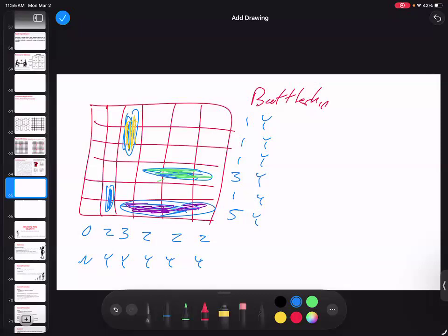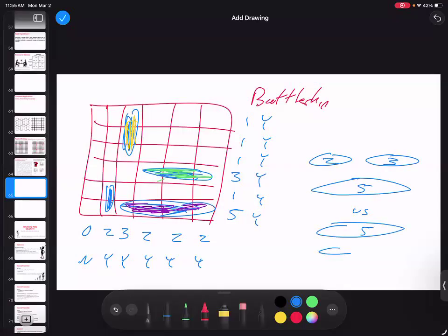Now, imagine I had a ship that was 2, a ship that was 3, and a ship that was 5 versus 5, 2, and 3. These are different configurations. In one, the 5 is on top, and the other, the 5 is on the bottom. I wouldn't be able to tell which of those 2 configurations it is, but I would still know which squares are occupied by ships.